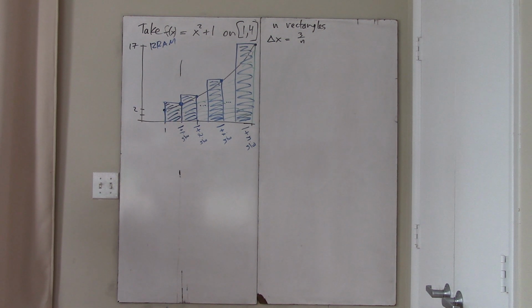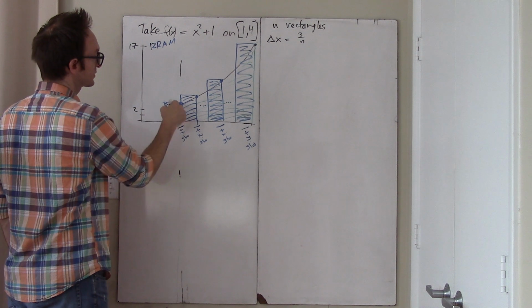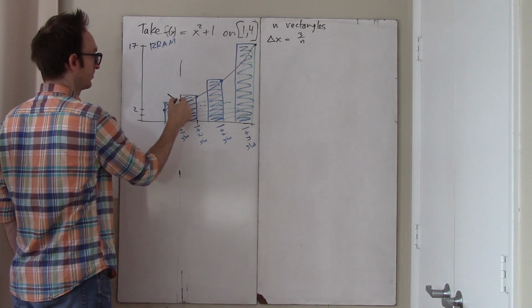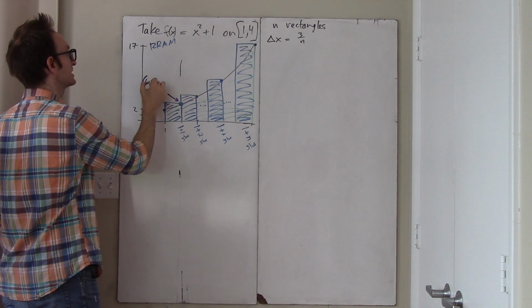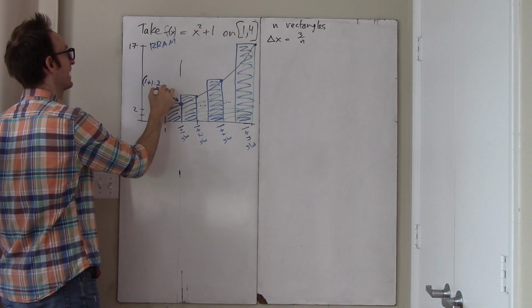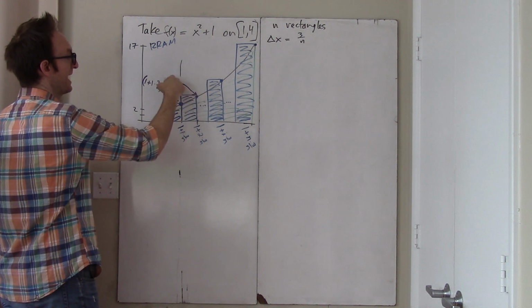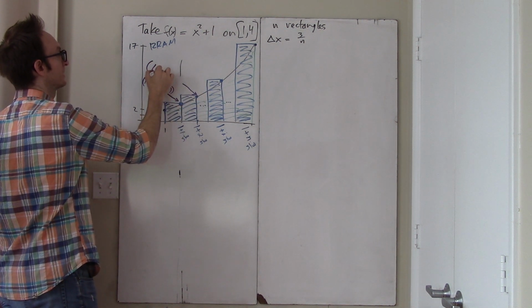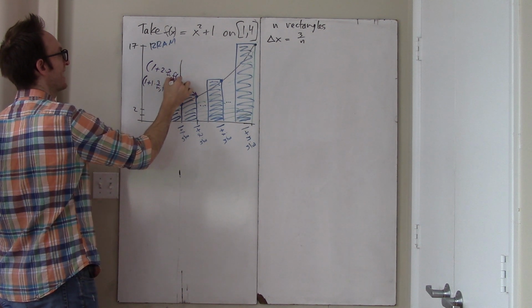Well, this is good. It means that, if I'm using Rn, then I can label each one of these points. So this point right here has coordinates 1 plus 1 times 3 over n, comma, f of that number. And this point has coordinates 1 plus 2 times 3 over n, comma, f of that number.